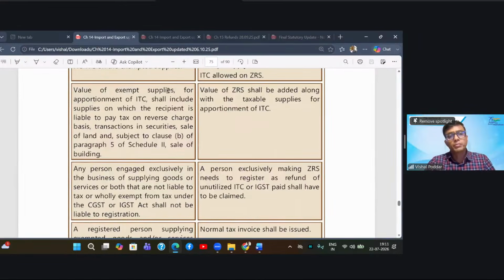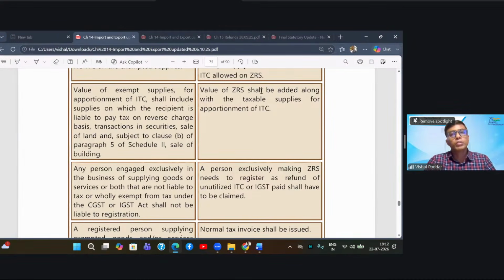Further, the value of exempt supply will also be considered while doing the proportionate reversal under section 17(2), and this value of exempt supply shall include transactions in securities, sale of land, and sale of completed buildings. So these values would be considered as exempt supply for the purpose of proportionate reversal.